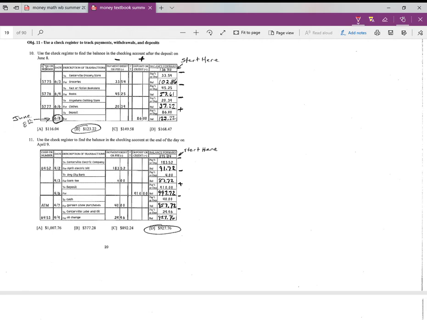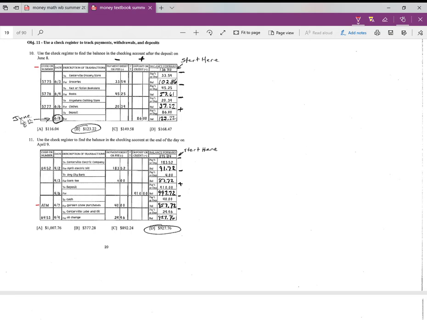Code or number right here. That means if you wrote a check, the check number goes here. If you took money from an ATM, like down below here, you would write that in there. Different banks use different codes; if you use a debit card, you might write DC in there.